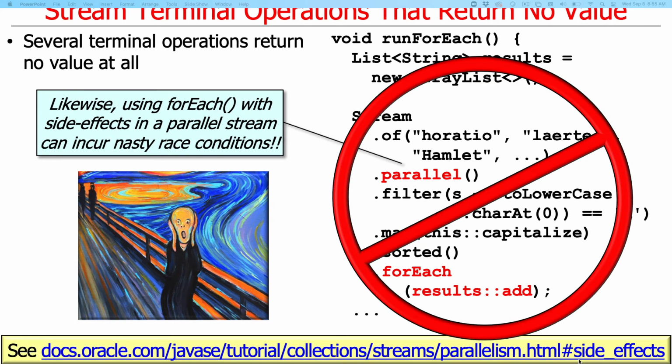Another problem with using forEach in this manner is if you change your stream to be a parallel stream, which you can trivially do just by putting .parallel somewhere in the chain before you hit the terminal operation, then we're going to have all kinds of crazy race conditions because we'll have multiple threads calling add on a list which is not synchronized. That will cause other problems. We don't want to do that. That's kind of the danger of using methods with side effects.